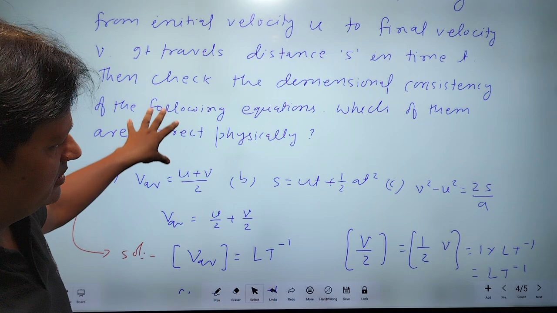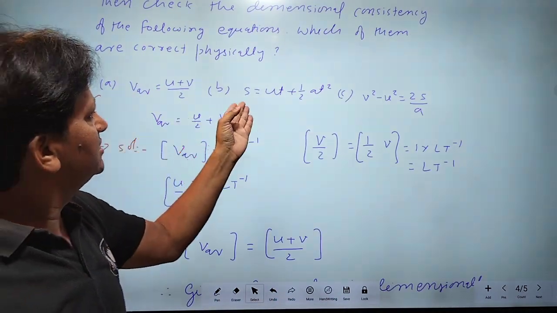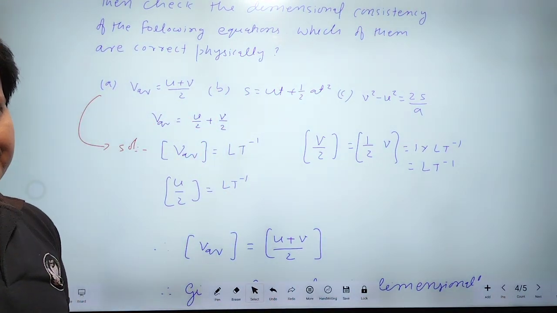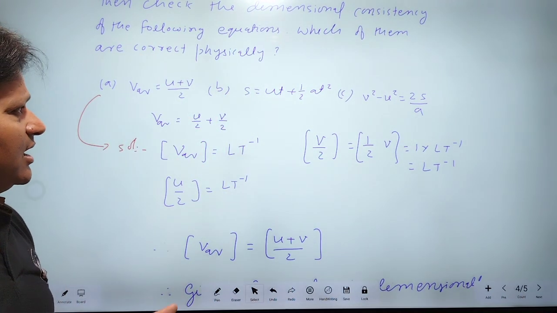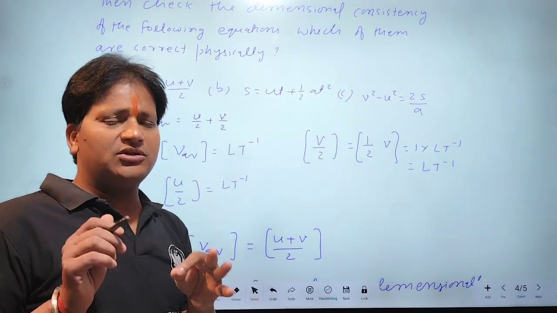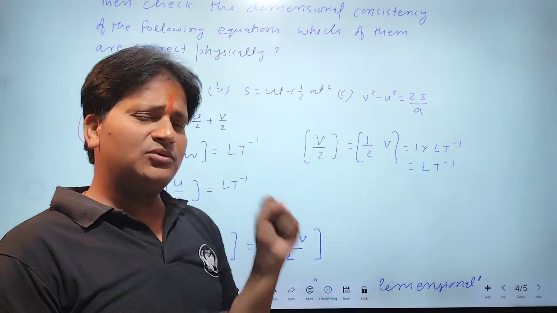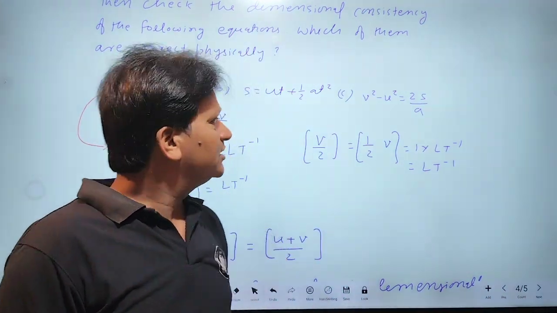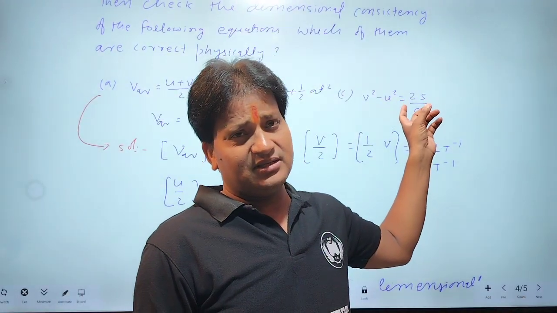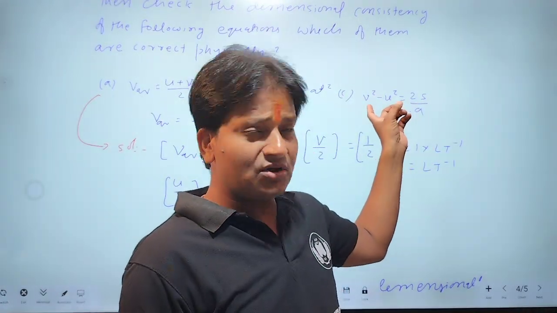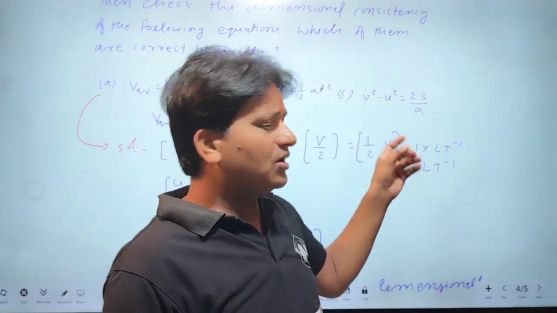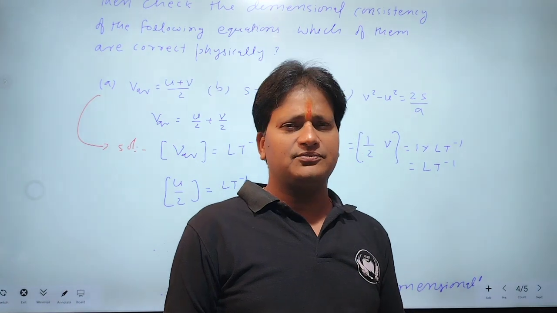This one is dimensionally correct, consistent, and this also will be physically correct, because you will study this formula in physics, but this is not dimensionally consistent, or it is not physically correct.